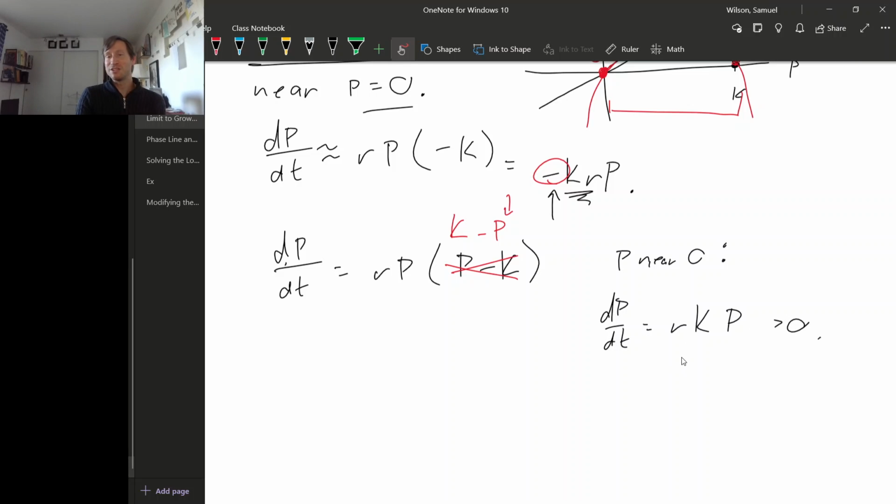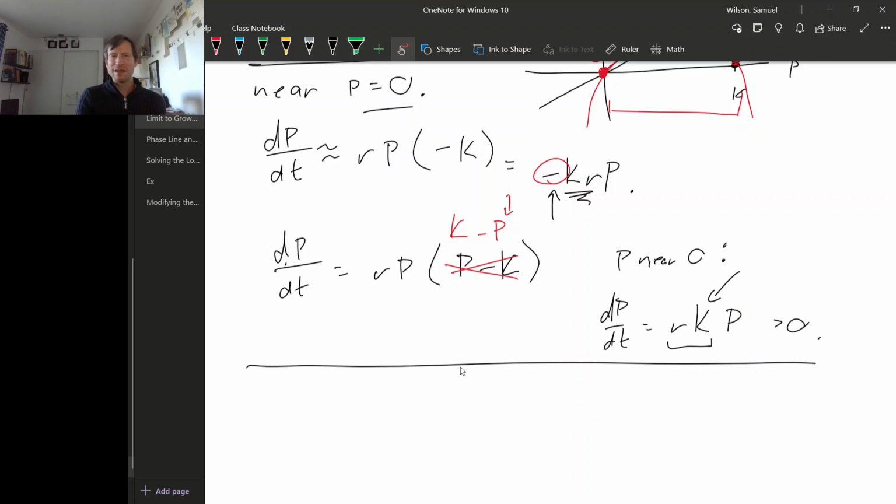So if our population is small, it's going to grow, which is good. But still, it's growing at the rate r times k instead of just r. So the issue with this extra factor that we've added is that, in addition to producing the 0 we wanted when k is equal to p, it also scales up the whole thing by a factor k.